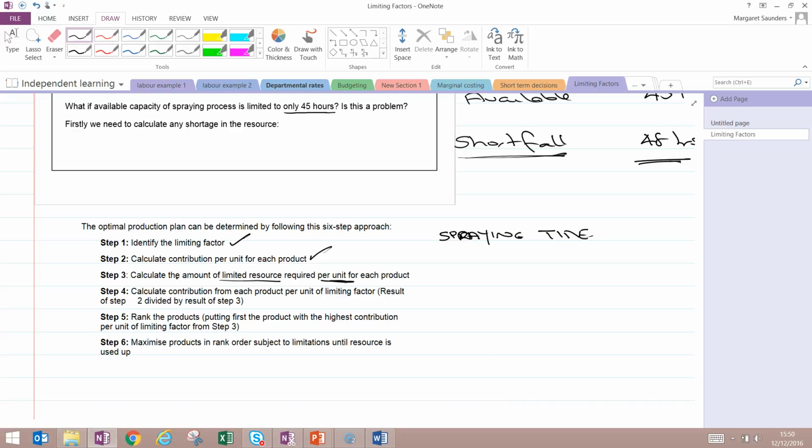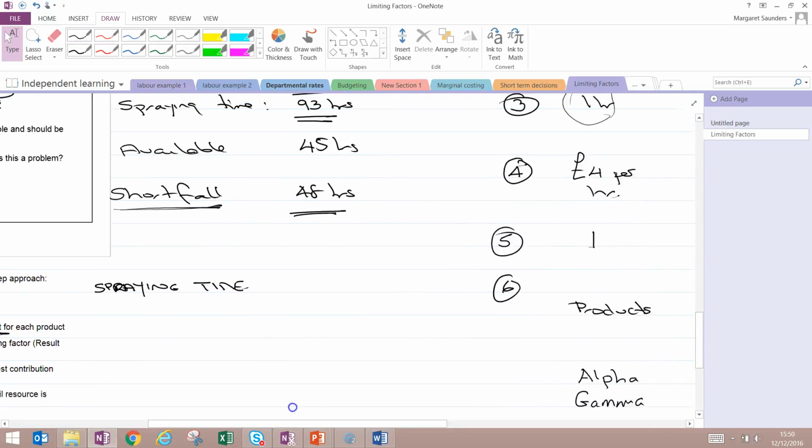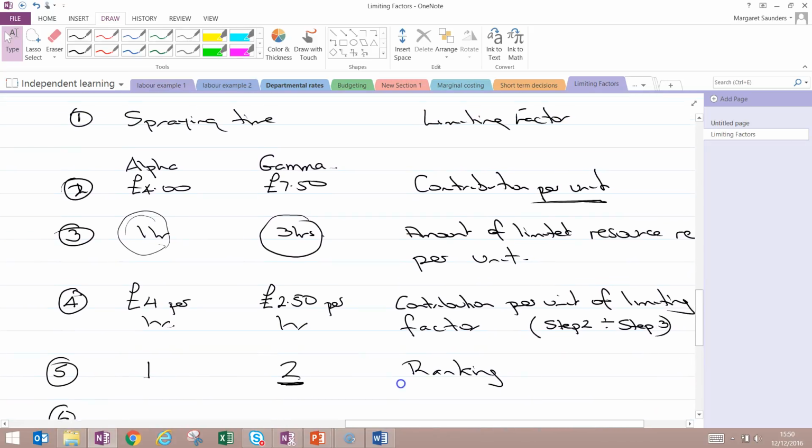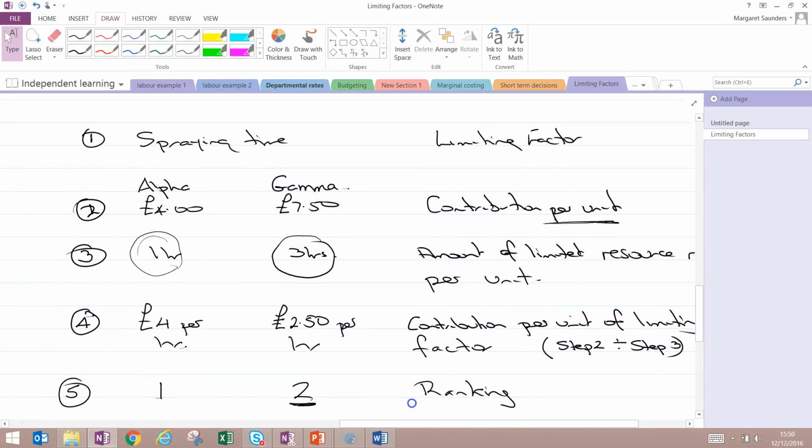So if you can get used to using those steps, try and lay it out in a similar way to how I have just gone through here. So we have the contribution per unit, step 2. How much of the limiting factor we needed for 1 unit of each product, step 3.